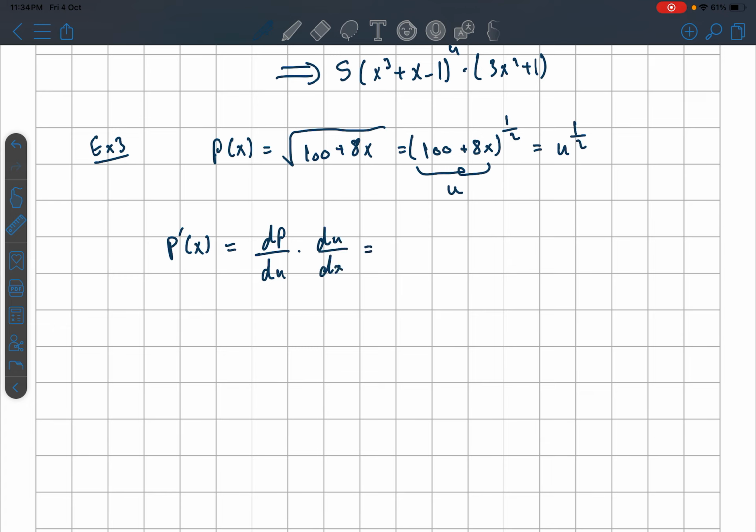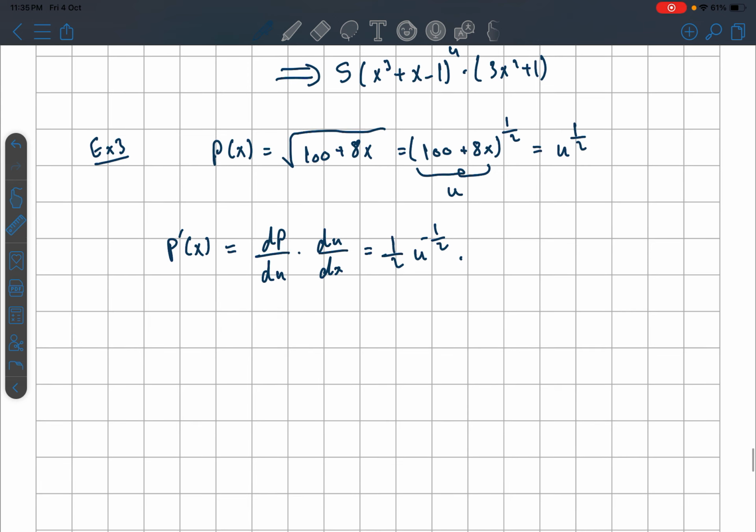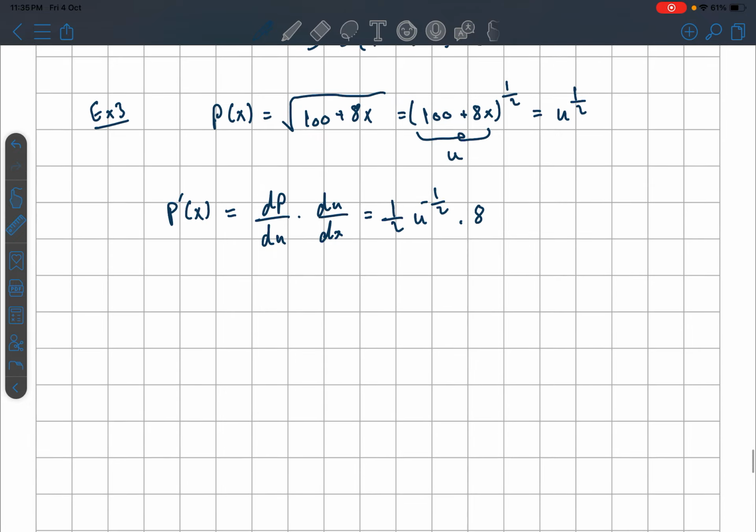It's equal to 1 over 2 u to the power of 1 over 2 minus 1, to be negative half, times 8, because the derivative of 8x is 8.